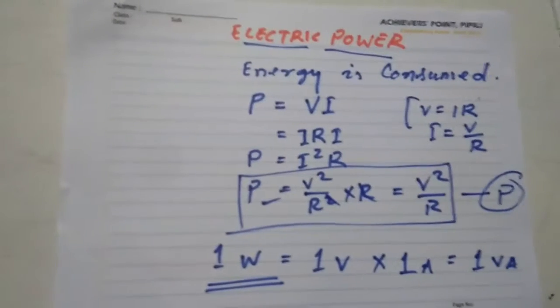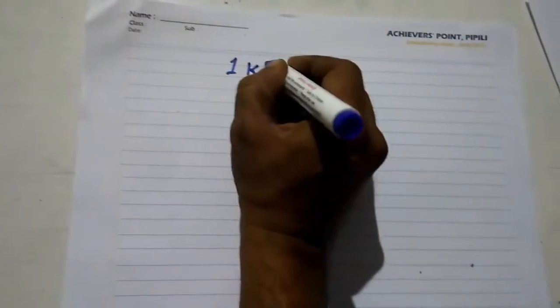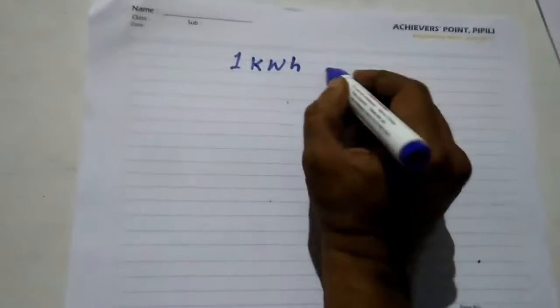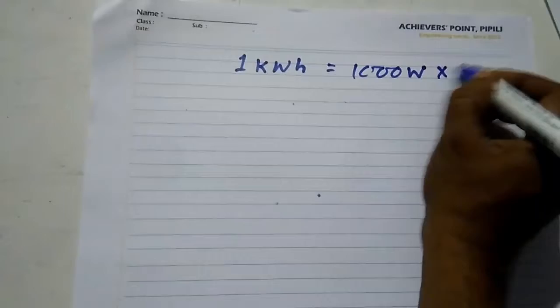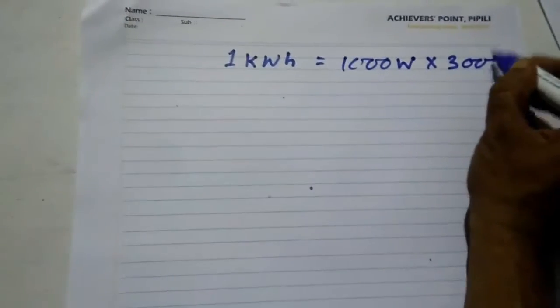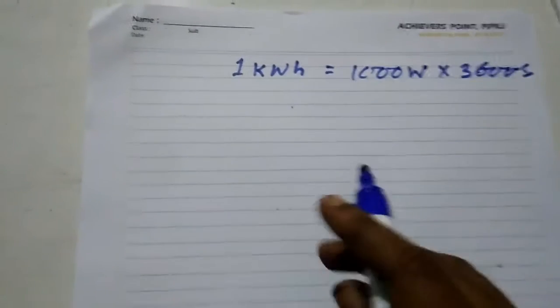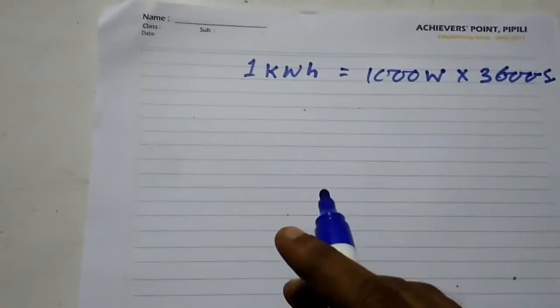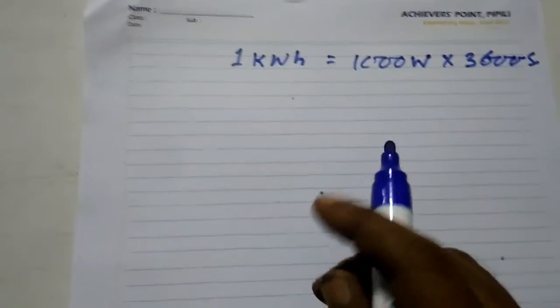its unit will be kilowatt hour. So how much is 1 kilowatt hour? That is 1000 watt into 1 hour, which is 3600 seconds. So this is one unit, or 1 kilowatt hour.